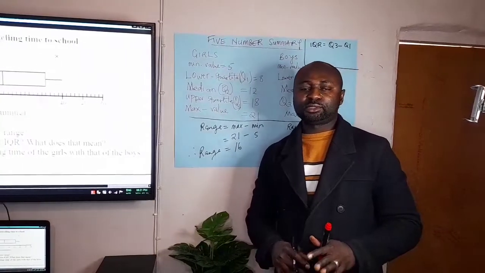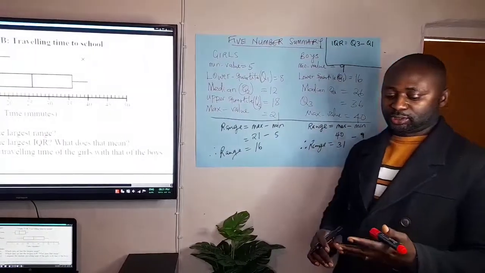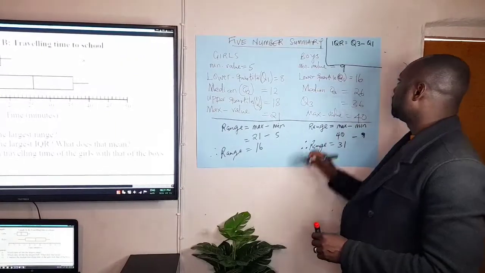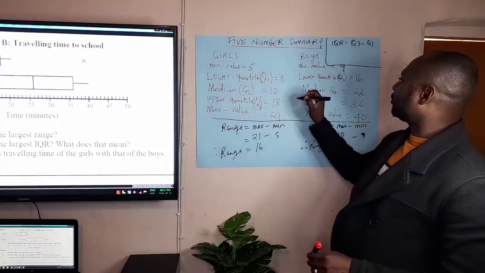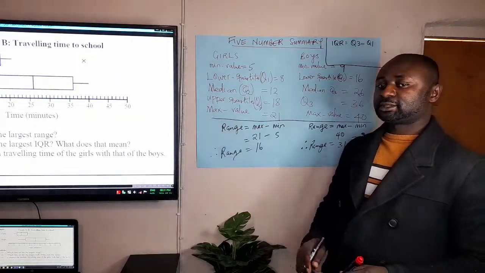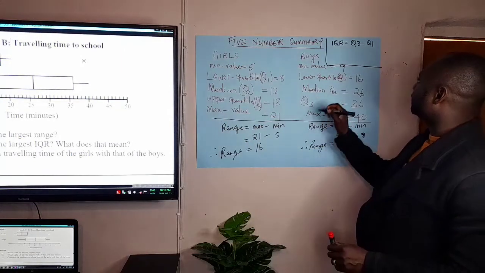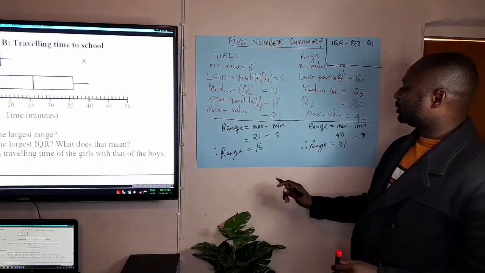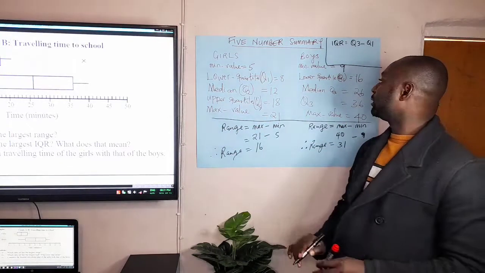That means upper quartile minus the lower quartile. So before you can say which one is the largest amongst them, you need to calculate your interquartile range of the girls and also interquartile range of the boys.